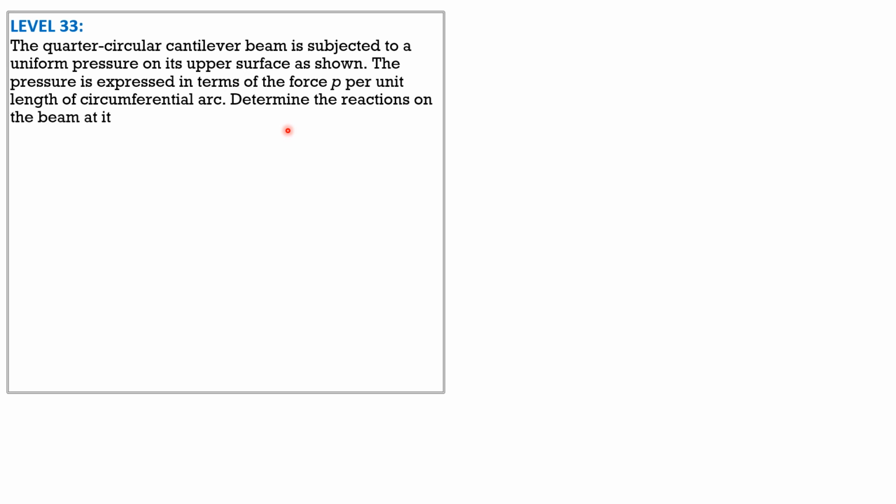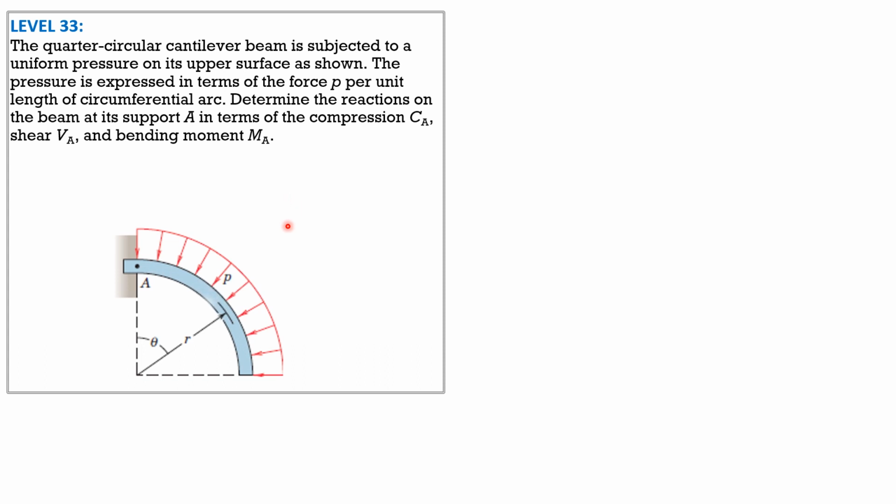So determine the reactions on the beam at its support A in terms of the compression C sub A, shear V sub A, and bending moment M sub A. So here is the quarter circular cantilever beam, and it is subjected to this circular loading along the arc.